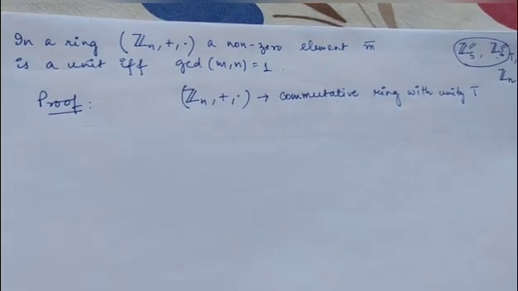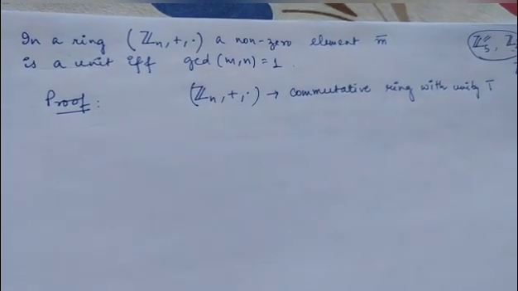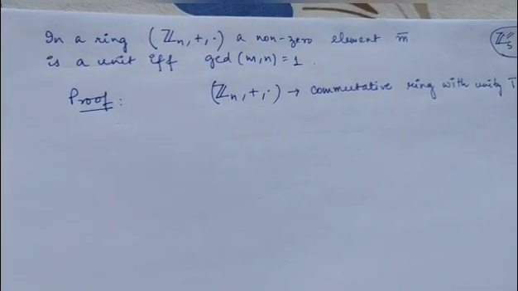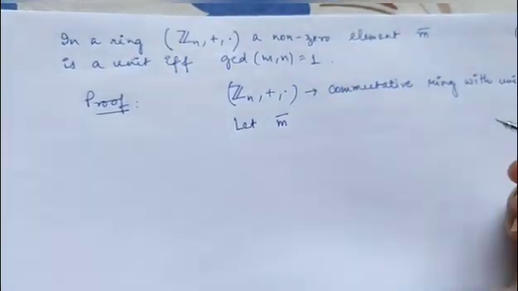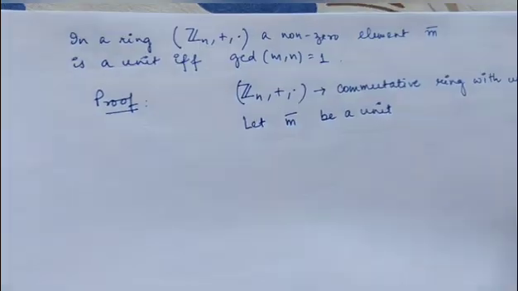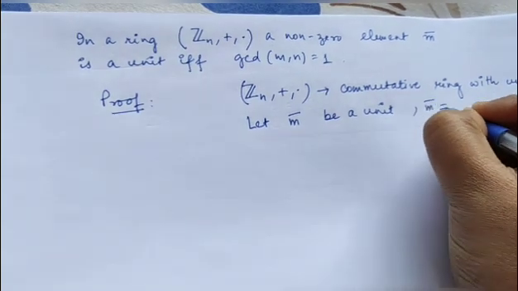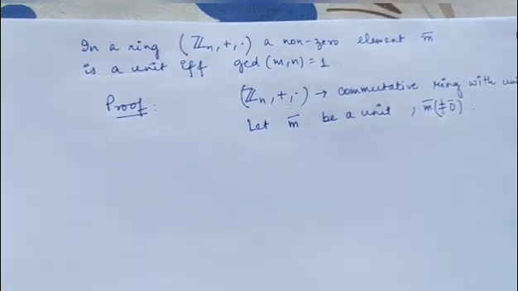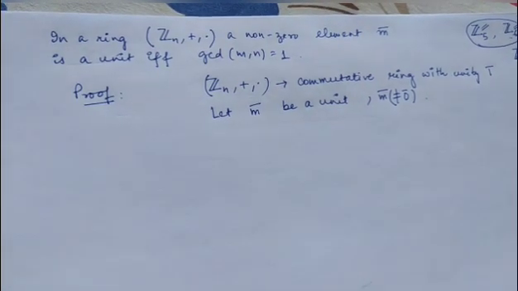Because any element you multiply with class 1, you generate the same class. So it is a commutative ring with unity. Now let class m be a unit. Of course it is a non-zero element. Non-zero means non-additive identity. Always be very careful about it.